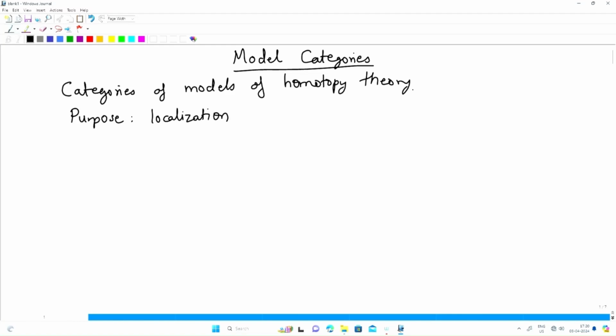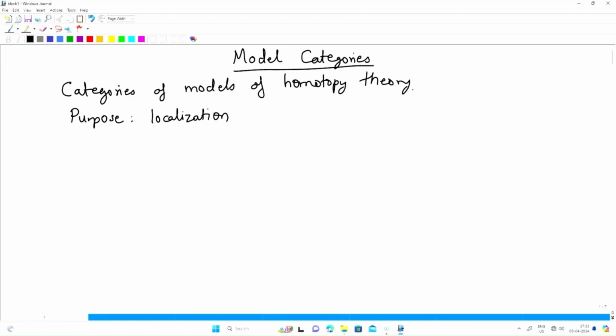But remember, when we described multiplicative systems, we had abelian or additive categories at our disposal. So there was something extra present. Now model categories do not necessarily have any such structure, okay? Maybe the category of sets itself can be thought of as a model category. I will describe what these things are, but the purpose is again going to be localization. Everything we want to localize.